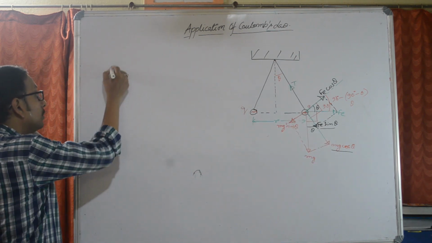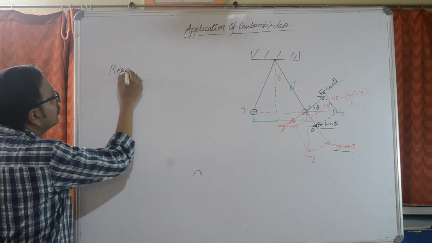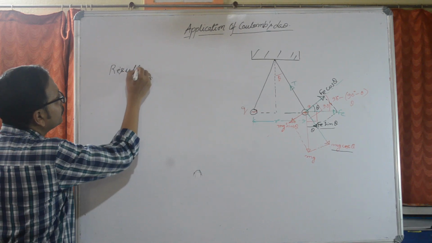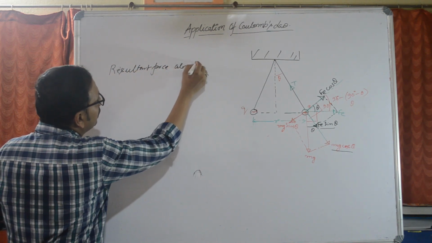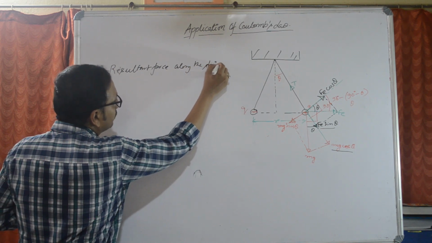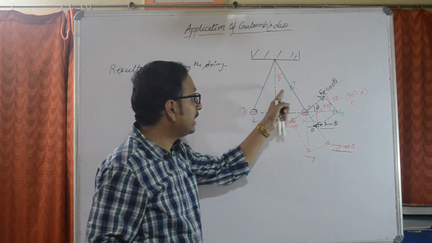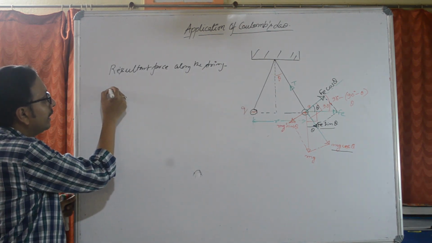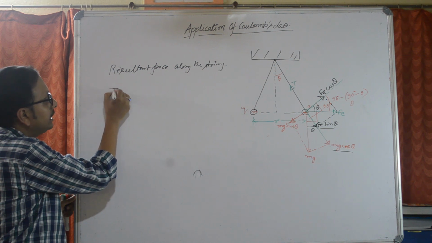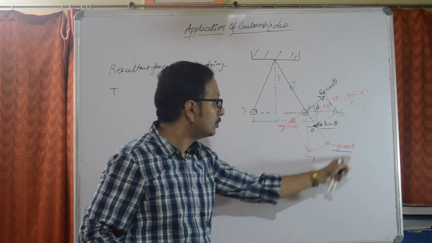So now the resultant force along the string. Resultant force along the string is what then? We have tension which is acting away from the force, so we can write here as T, tension, which is acting this side, and there are two forces acting this side.